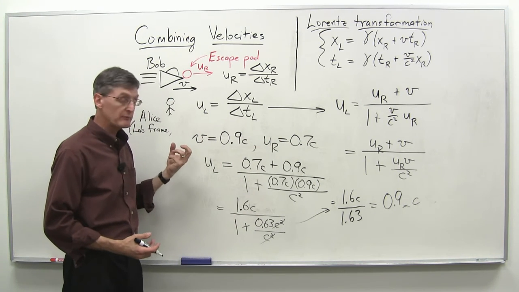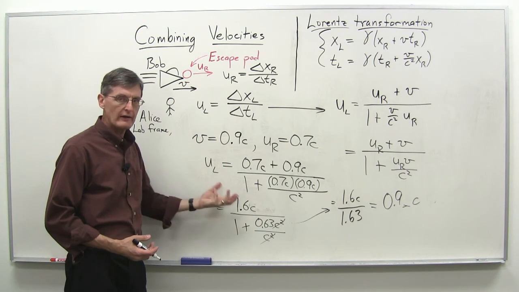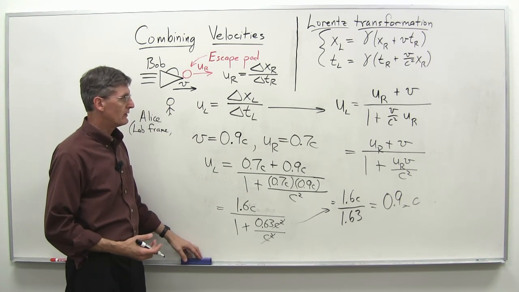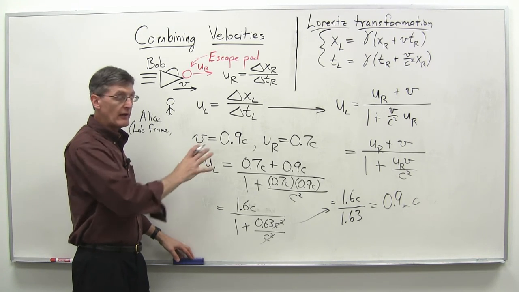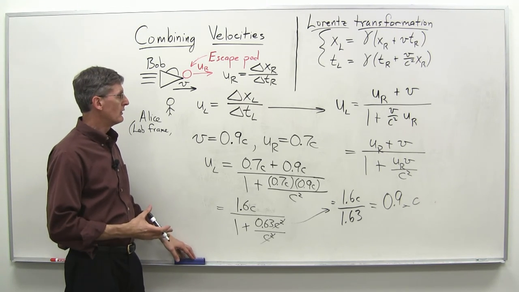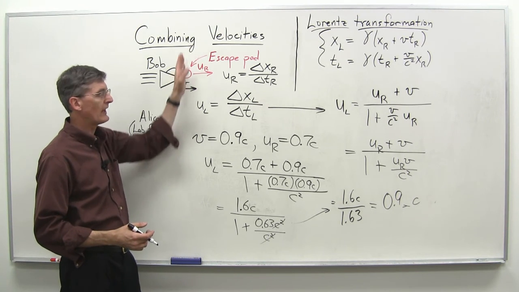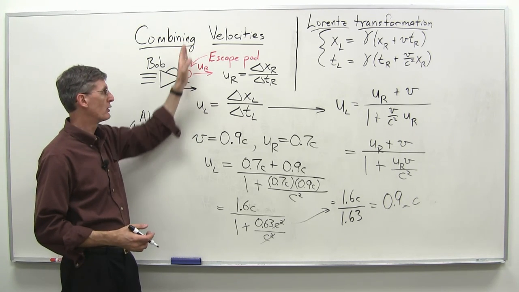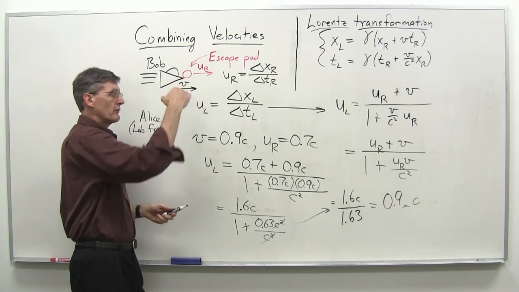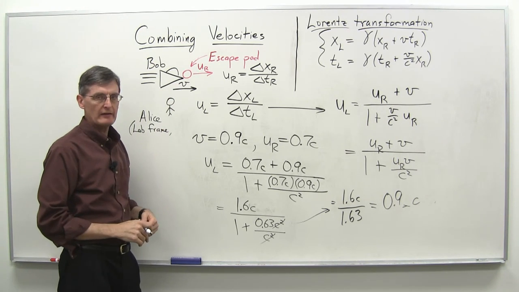But when we get speeds close to the speed of light, they do not add as we expect. A little bit later, in another video lecture, we'll look at the case where the escape pod goes off to the side at a perpendicular angle, either straight up or off to the side. So we'll deal with that as well.